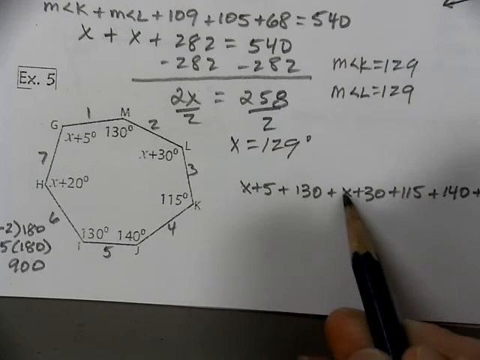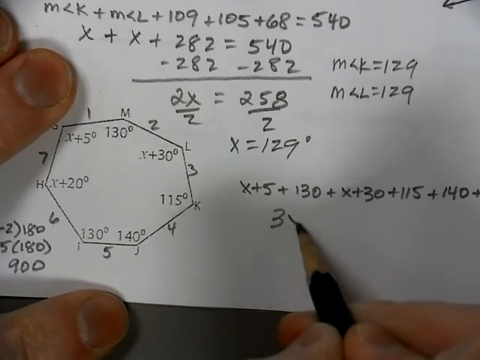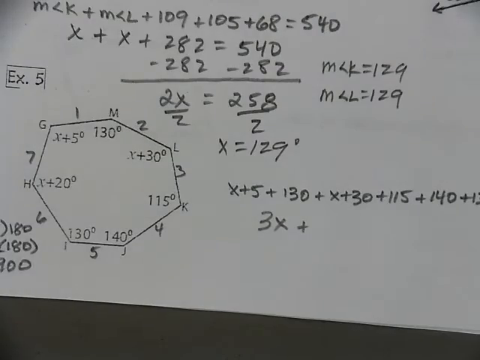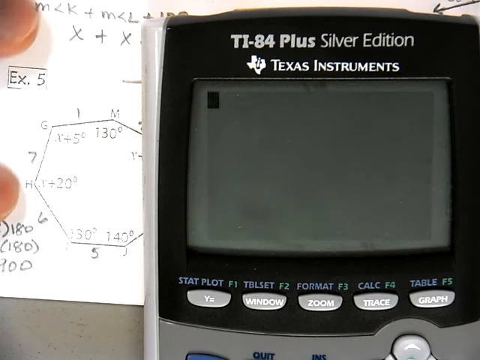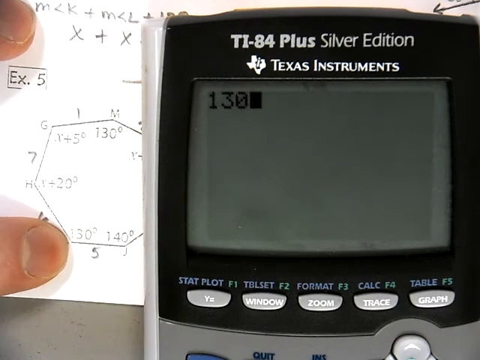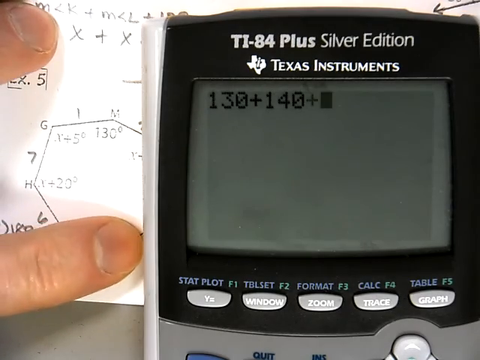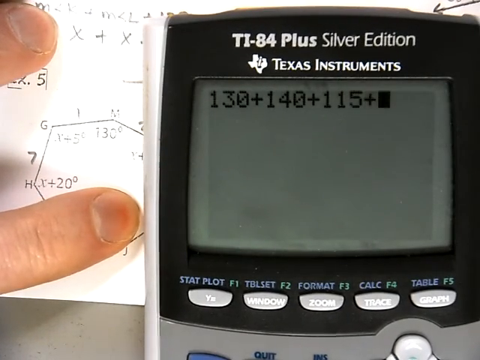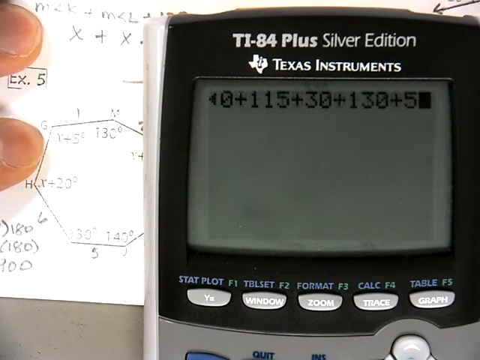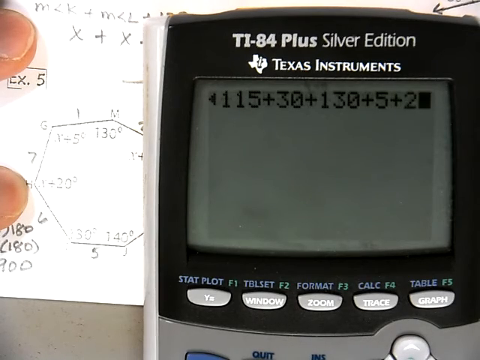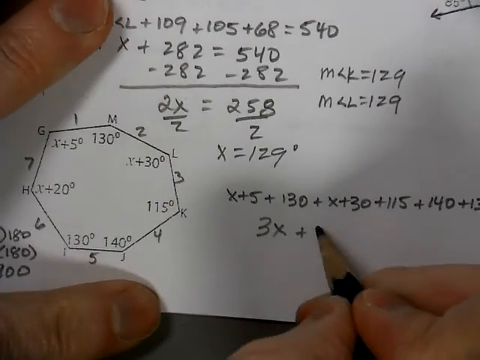Okay, we have 1x, we have a second x, so that's 2 x's, and a total of 3 x's. And just so we don't make another mental mistake here, we will use our calculator to help us figure out the sum of all our extra angles. So we have the 140 and the 130 and the 115 and the extra 30, the other 130, the 5, and the 20. Okay, that's 570.